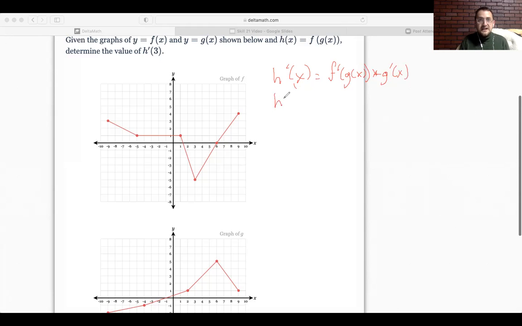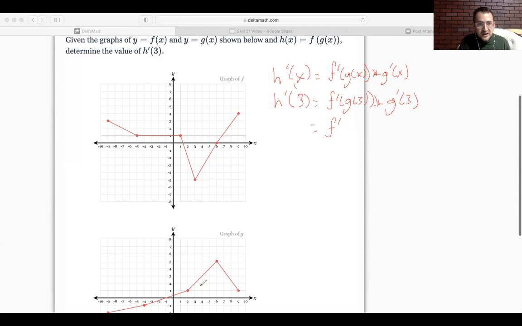So if I want to find h prime of 3, that's going to be f prime of g of 3 times g prime of 3. So I'm just going to put in my g of 3.